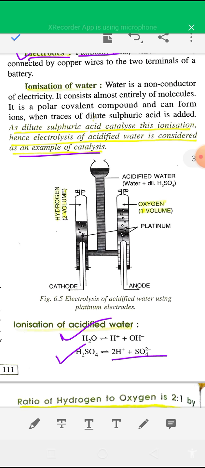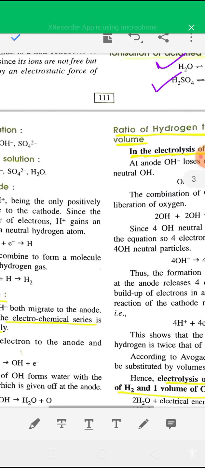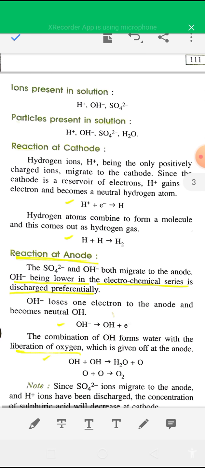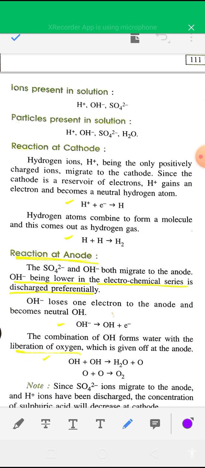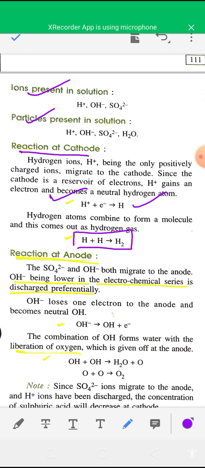So if you pass electric current through acidified water, then at cathode hydrogen gas will evolve. H+ from the solution will migrate towards cathode and accept one electron to form a hydrogen atom, and two hydrogen atoms join together to form hydrogen gas at cathode.